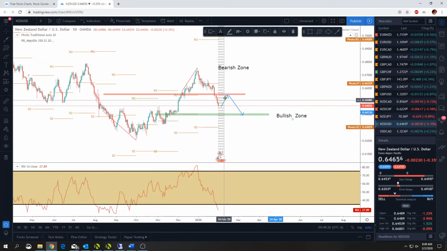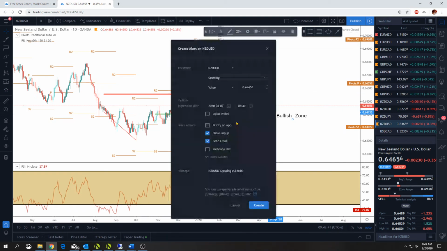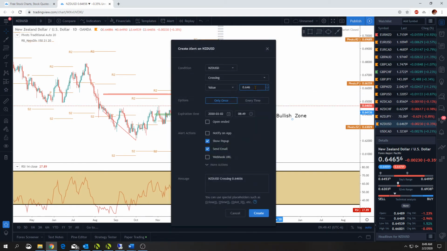But if we get a good pullback, retest to this former support, I'm going to be bearish from that point. Let's go ahead and throw an alert at 65451. Looking to sell.